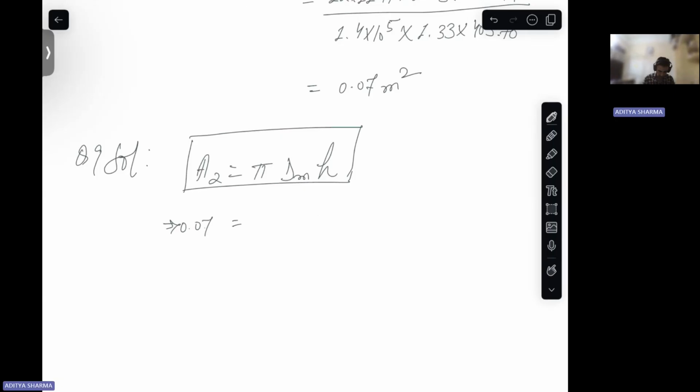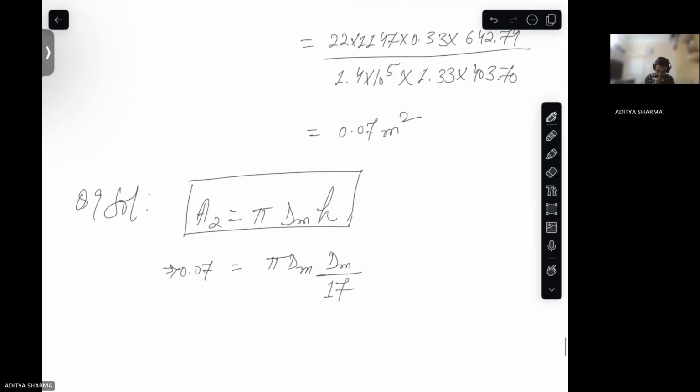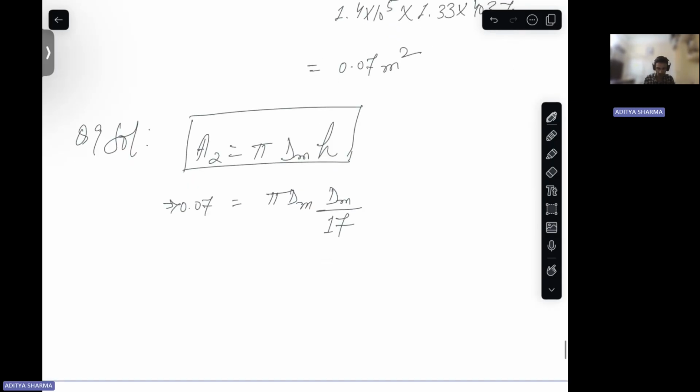Implies 0.07 is equal to pi dm by 17. Because dm by h is 17. So dm by 17 is equal to h. Implies 0.07 is equal to pi dm square by 17.